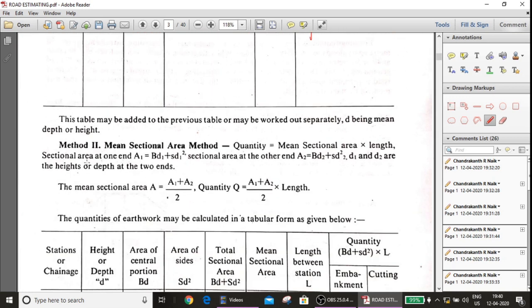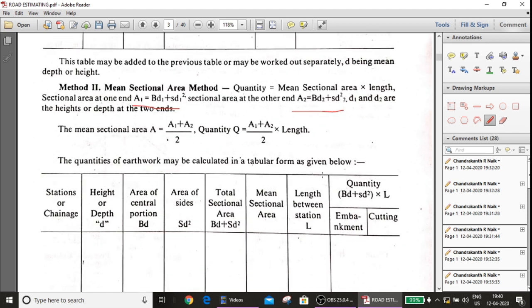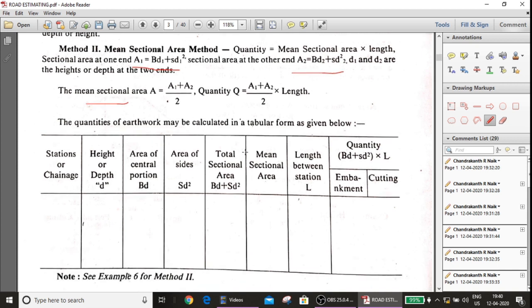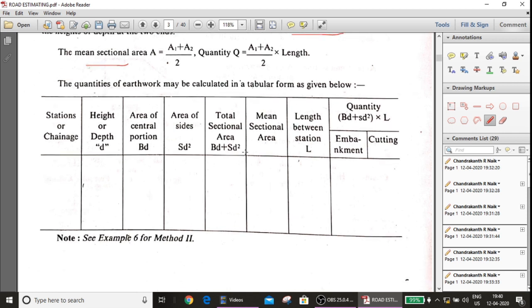Okay, so for the sectional area at one end, a1 is equal to bd1 plus sd1 square, and for the section at the other end, a2 is equal to bd2 plus sd2 square, where d1 and d2 are the height or depth at the two ends. Then we have to find the mean sectional area by taking the average, and then the quantity by multiplying the length with the area which we calculate, and we have to tabulate in this form.